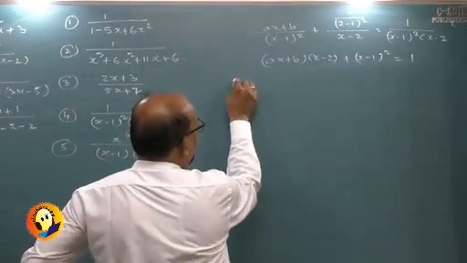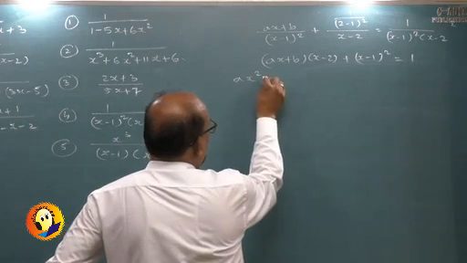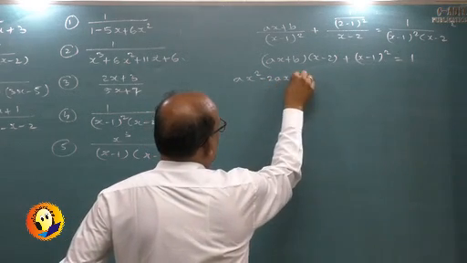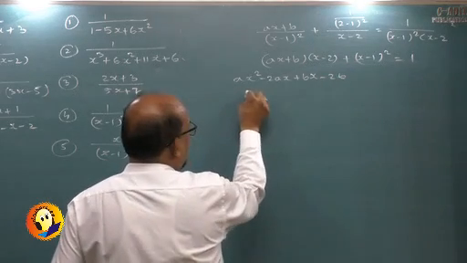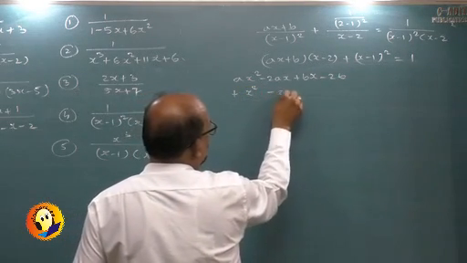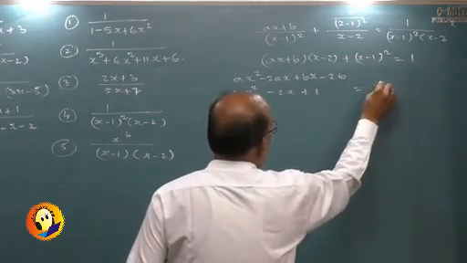So if you multiply, it will become ax square minus 2ax plus bx minus 2b plus x square minus 2x plus 1 equal to 1.